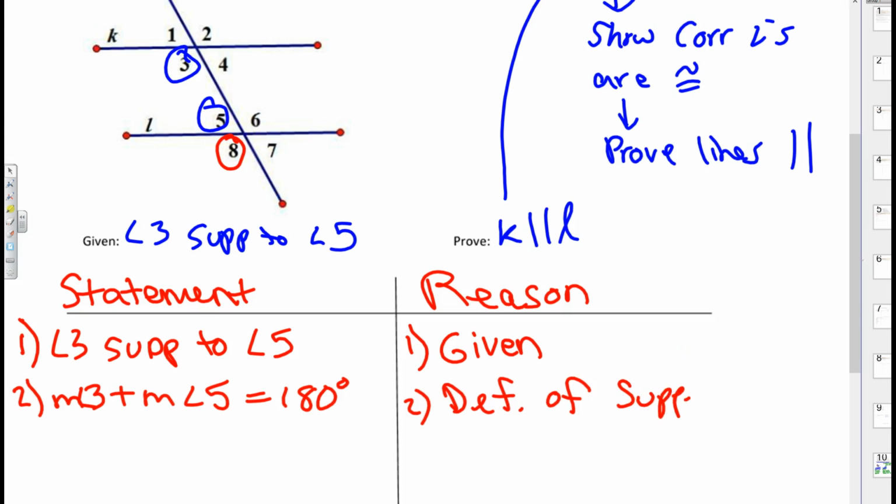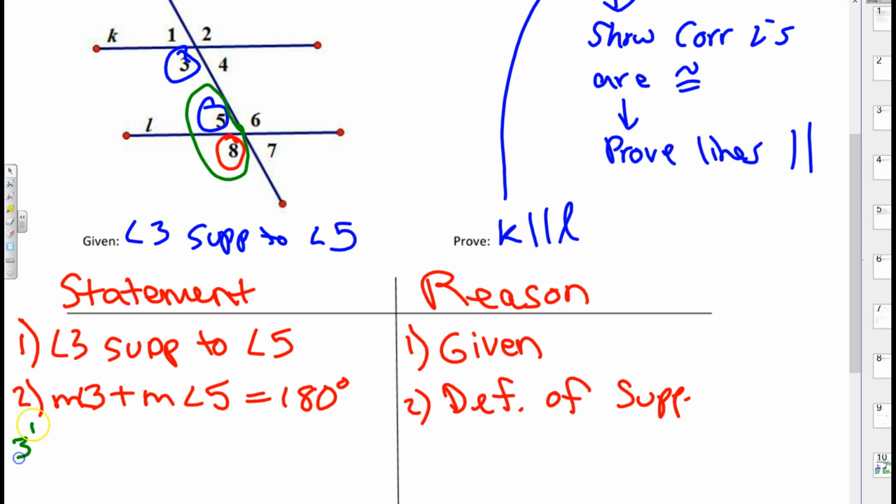Now my next step is I want to talk about my helper angle, and I want to talk about my helper angle with relation to the thing I can talk about. I can go ahead and discuss how 5 and 8 relate to each other because they're a linear pair and that doesn't rely on the lines being parallel. I currently can't say anything about 8 and 3 because I don't know that K is parallel to L. I can't say anything about the relationship between 3 and 8 because they're in different clusters.